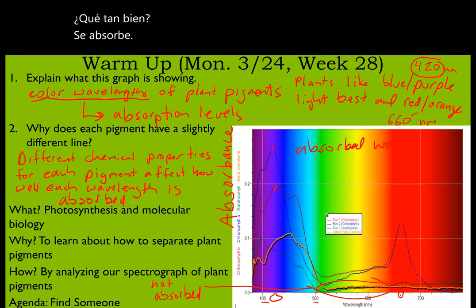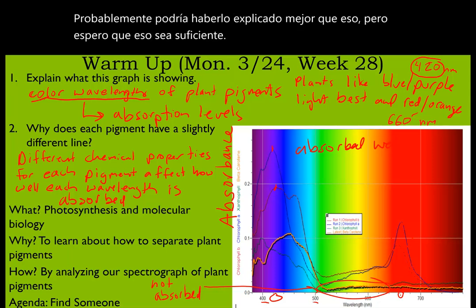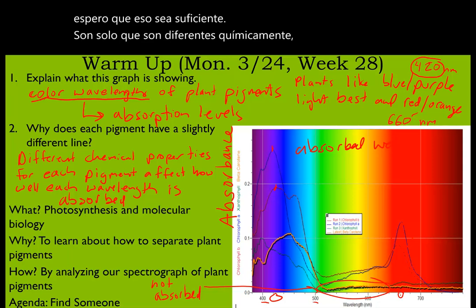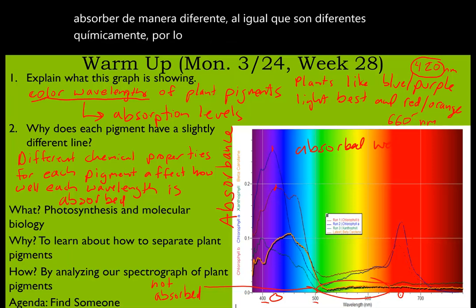Probably could have explained it better than that, but hopefully that's sufficient. They're different chemically, so they're going to absorb differently, just like they're different chemically, so they travel different lengths on the paper.